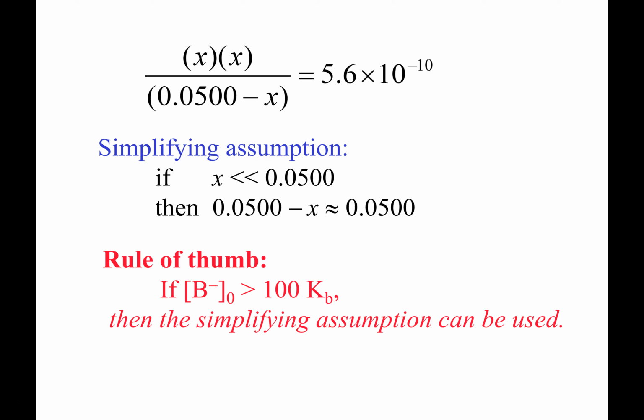So we have 5.6 times 10 to the minus 10, so 5.6 times 10 to the negative 8. Anytime your molar concentration of the acetate ion is greater than that, you're pretty good. Unless you're using online homework, then it gets mad at you.